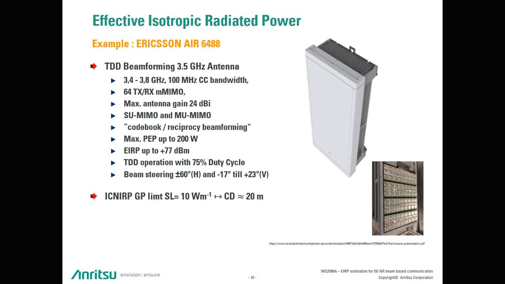Based on the before mentioned limit of 10 watt per square meter, the resulting safety compliance distance in bore side direction would be here approximately 20 meters. This value is based on a 75% duty cycle and a maximum power of 200 watt.